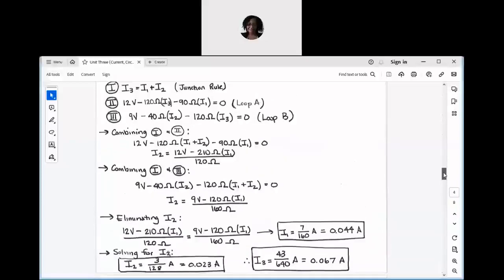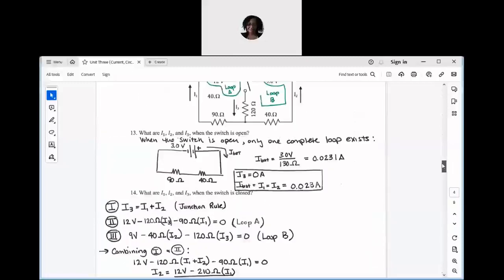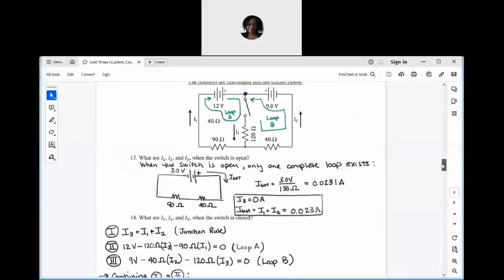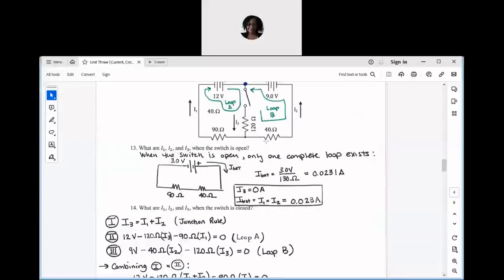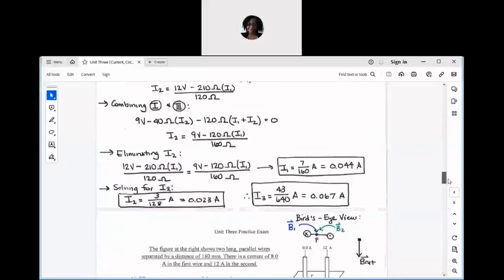There's not a question that asks us for this here, but since I do know I1, I2, and I3, I also have a way to express I bat, so the current produced by the combination of these two batteries. That is something that I could use to figure out what REQ is, because I don't have an arrangement that I can just simplify as easily as I could for the purely parallel and purely series circuit.